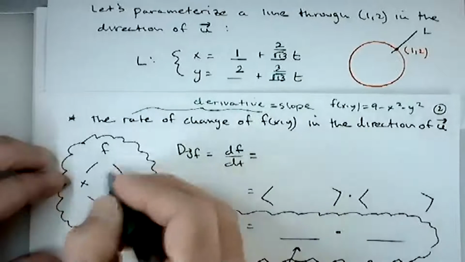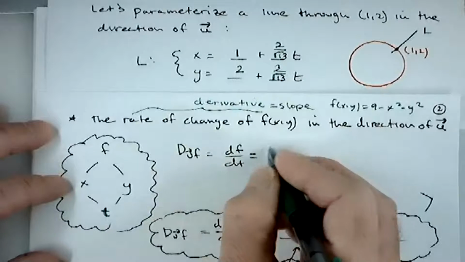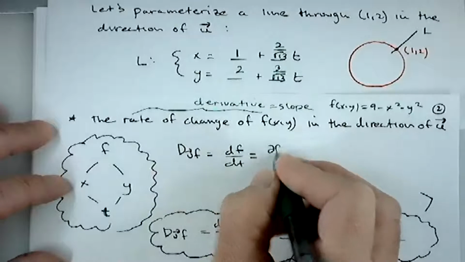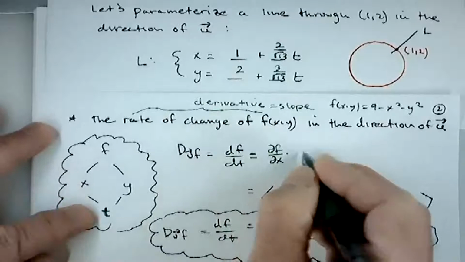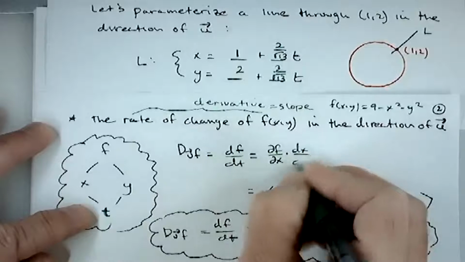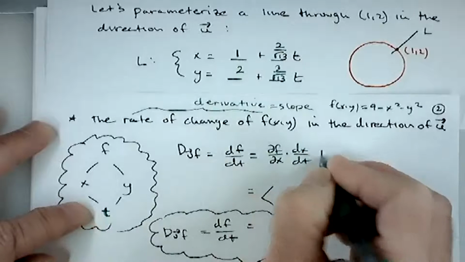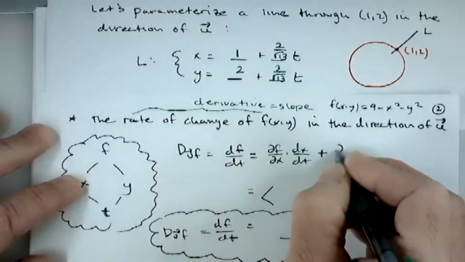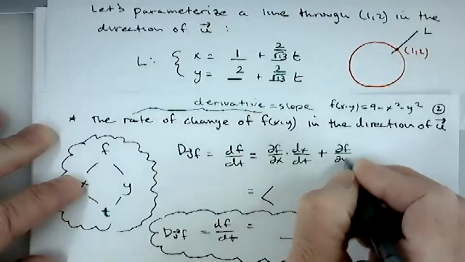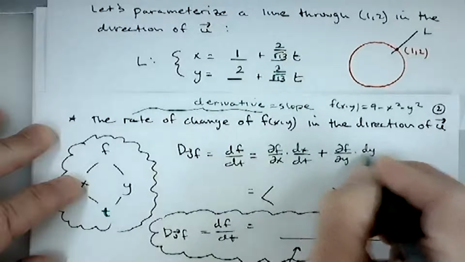According to my chain rule, to find the derivative of f with respect to t, I'm going to need my partial derivative of f with respect to x times dx/dt, plus another path here, my partial derivative of f with respect to y times dy/dt.